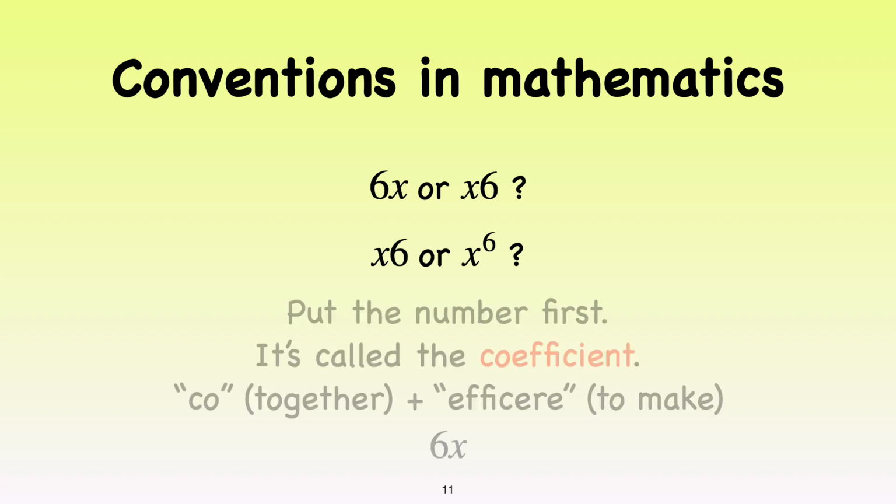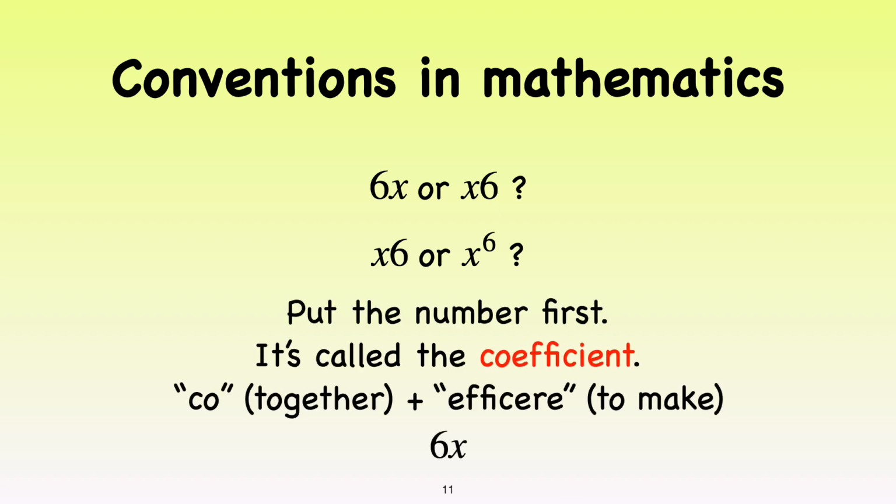It's called the coefficient. The word is another combination of Latin words like multiply. Co means together, and efficere means to make. When we want x multiplied to 6, we're going to use 6x and not x6.